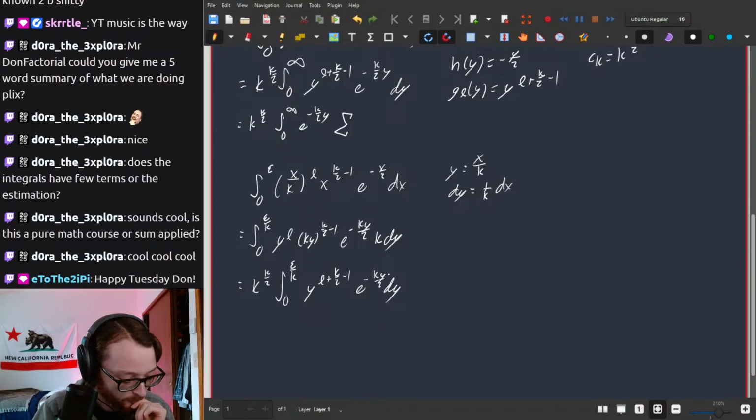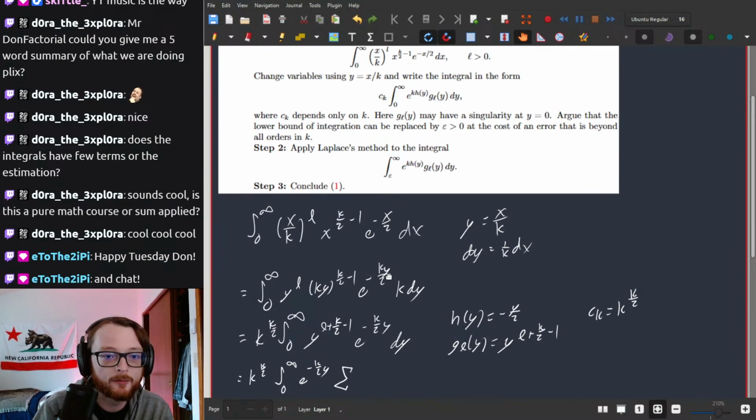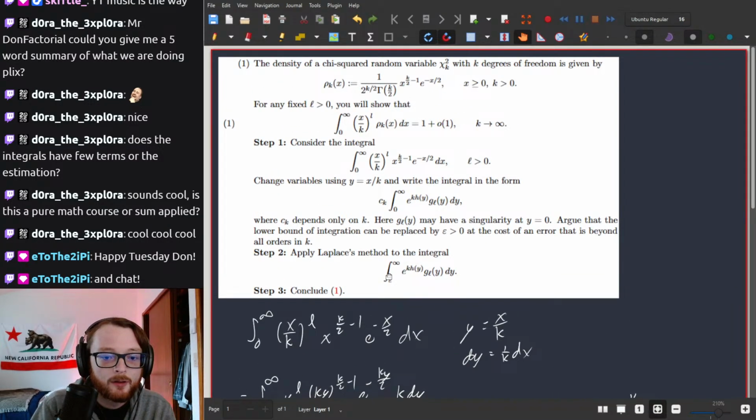Hey, Zach. Happy Tuesday. Hope you're doing well. Just working on this problem, doing an asymptotic expansion for... I don't quite know what this is supposed to be.